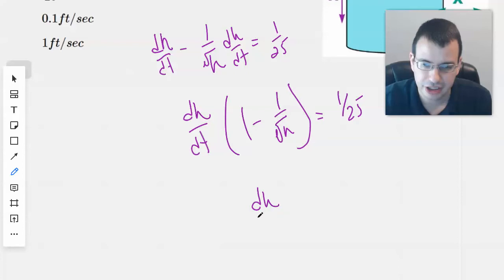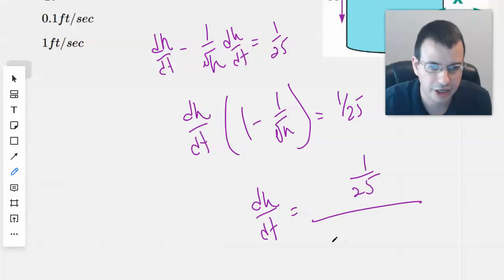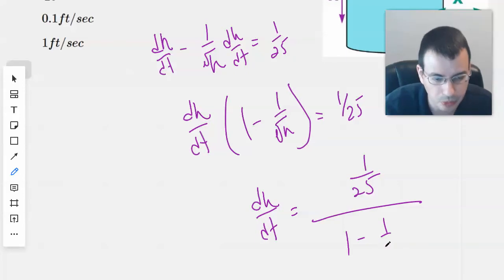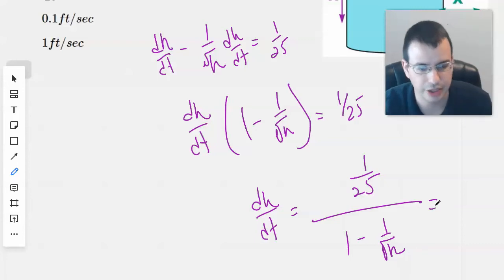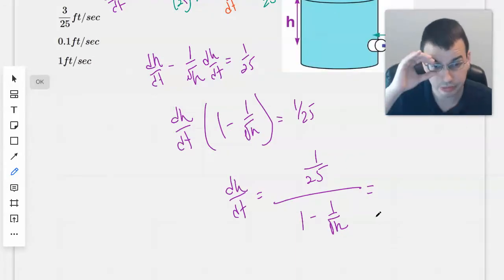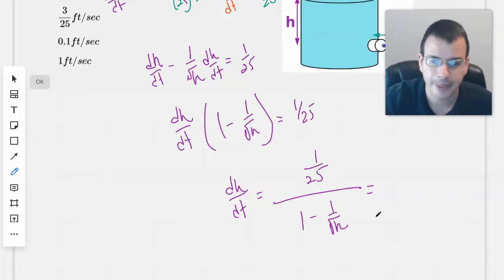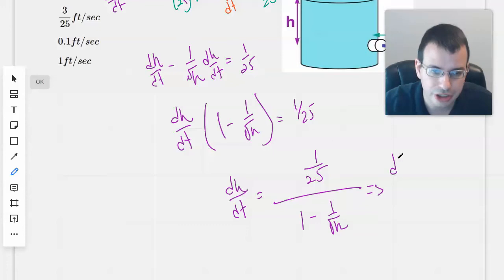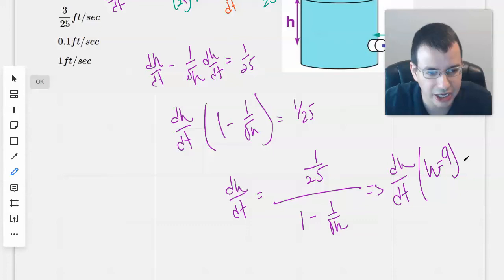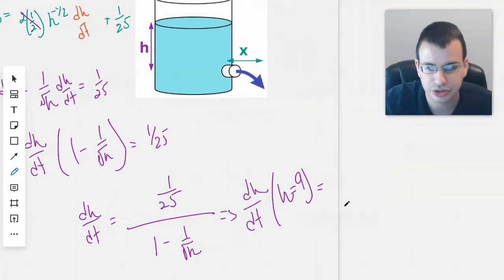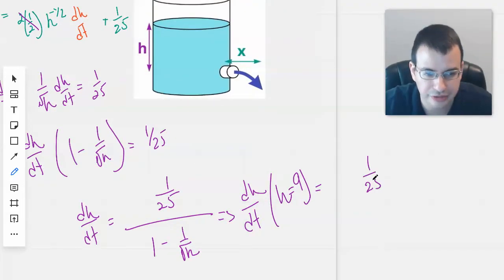And so dh dt equals 1 over 25 divided by 1 minus 1 over square root of h. Okay, we got this. Go team. Focus.